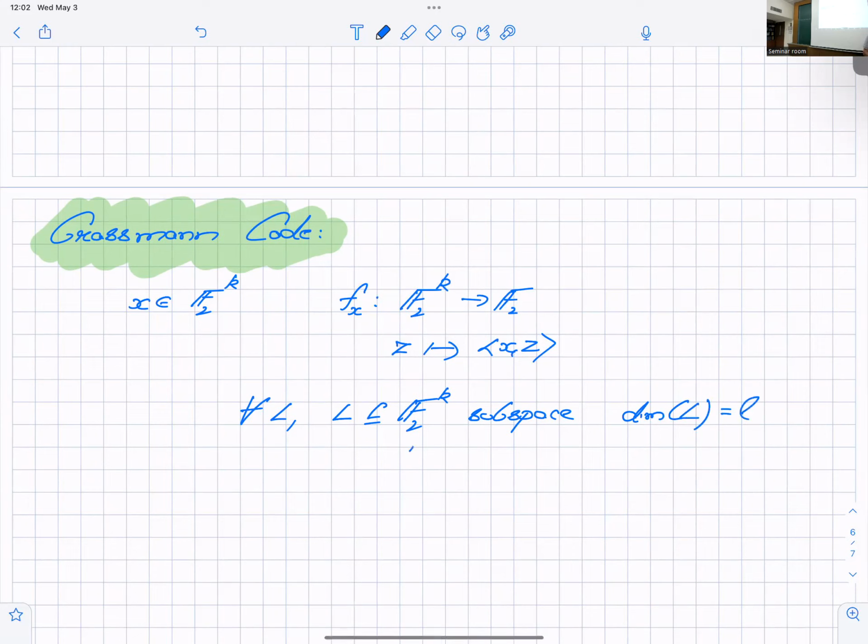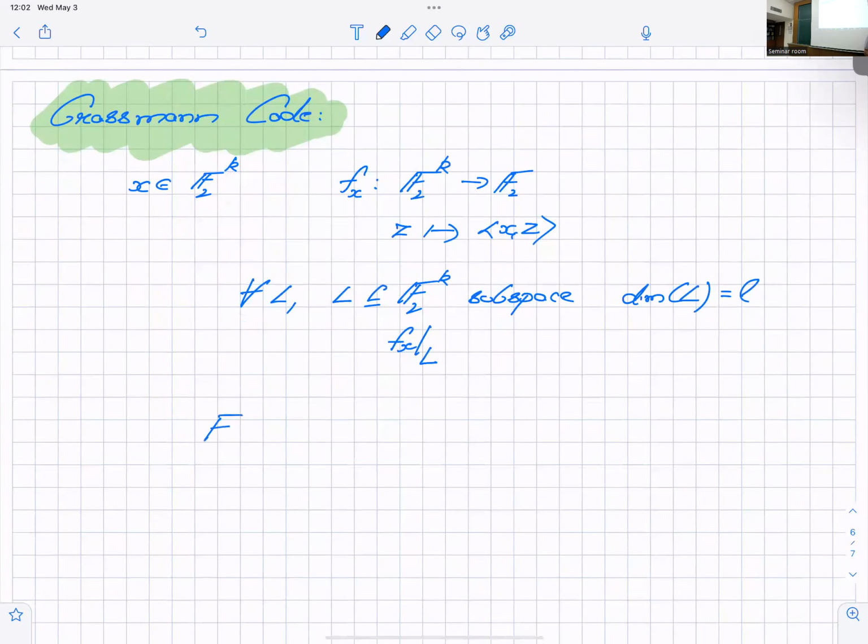We will give the restriction f_x restricted to L. So f_x will be a function from the Grassmannian of k and l to F2 to the n.